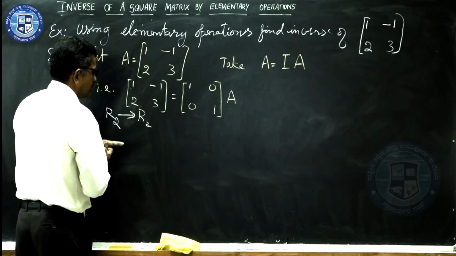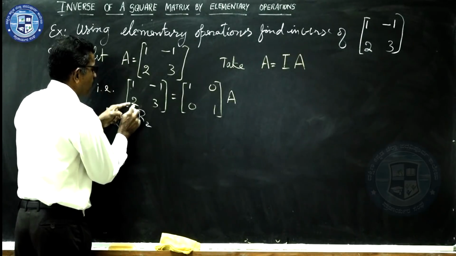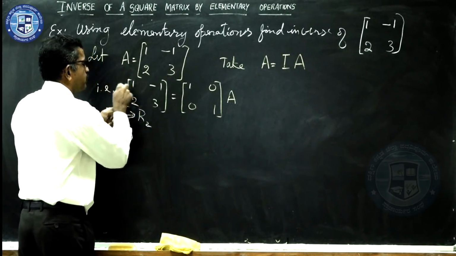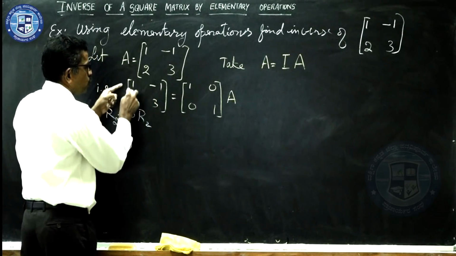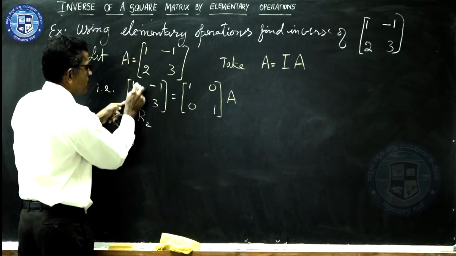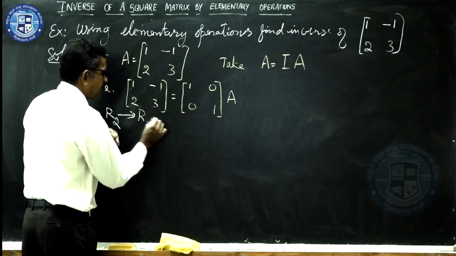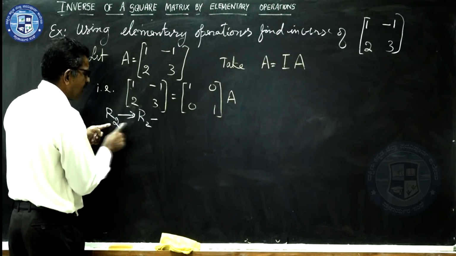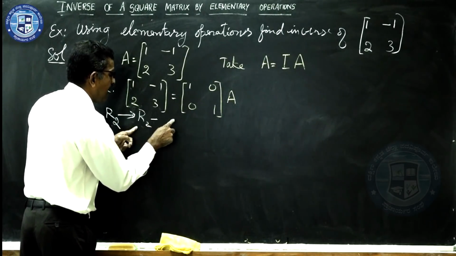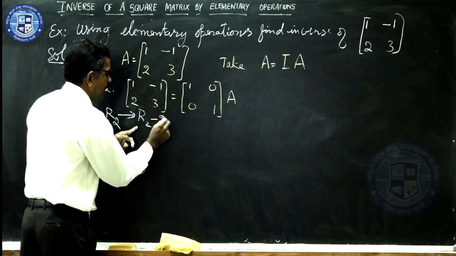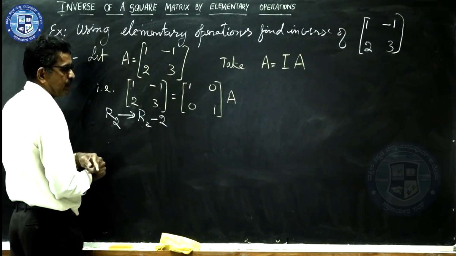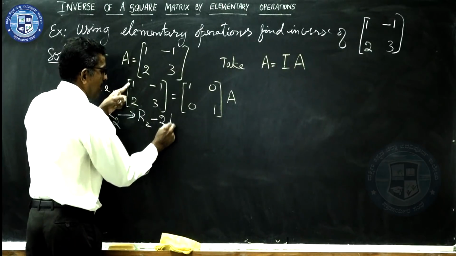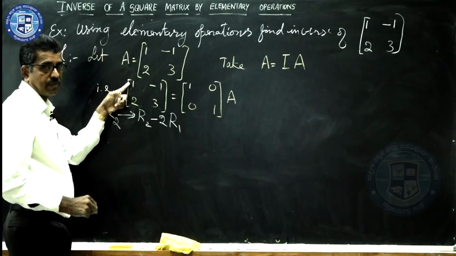To make this one 0, I subtract 2 times the first row, because 2 into 1 is 2, and 2 minus 2 is 0. It is similar to Ri equal to Ri plus k Rj, where k is minus 2 and Rj is R1.